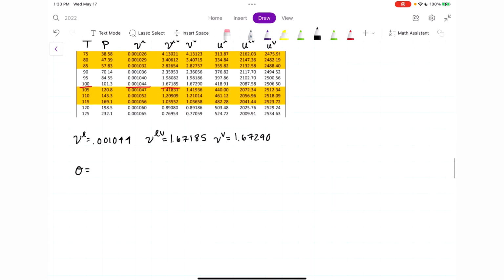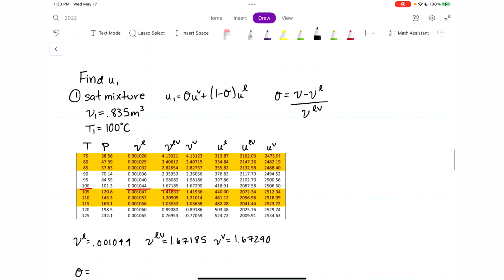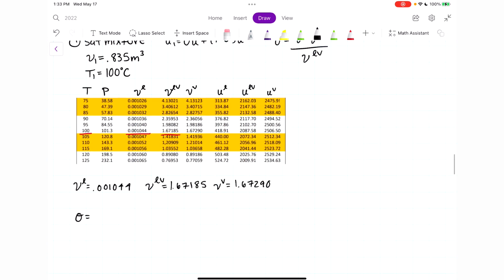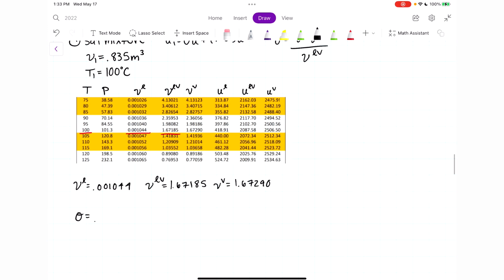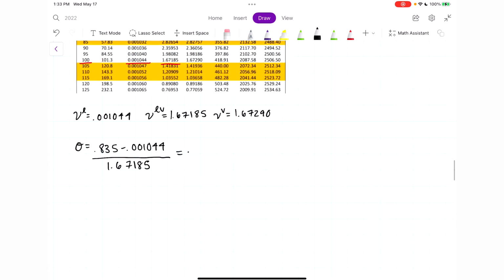We use the formula: our specific volume that we have already found, 0.835, minus 0.001044, over 1.67185. Plug that into a calculator and get 0.4988. So that's the quality of our saturated mixture.